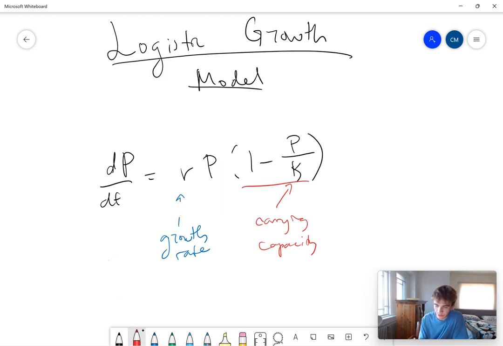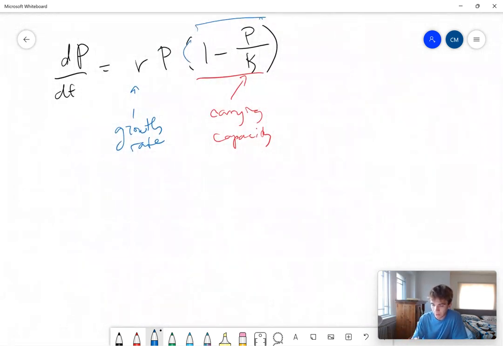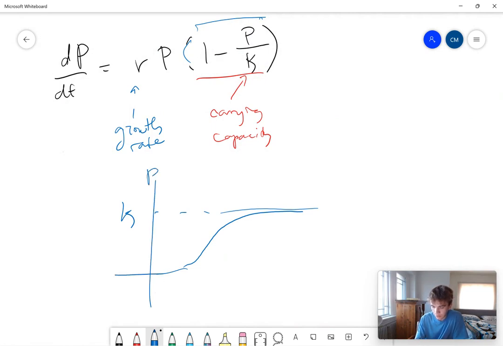So when the population approaches the carrying capacity, then this term is going to approach 0. And then essentially we're going to get a population that asymptotically approaches the carrying capacity k. So this is my population. It's a function of time. We're going to approach the carrying capacity as time approaches infinity.